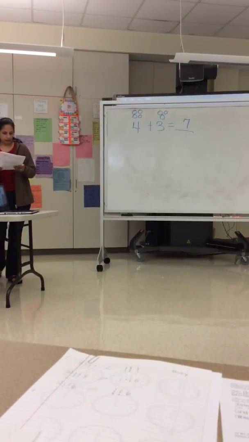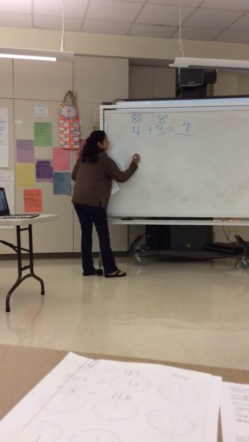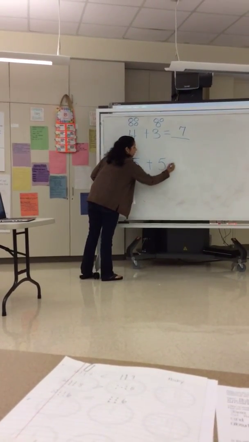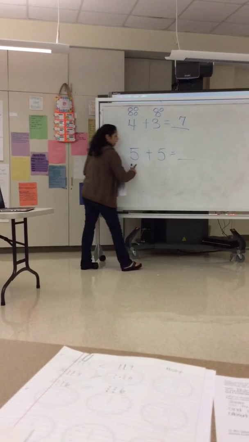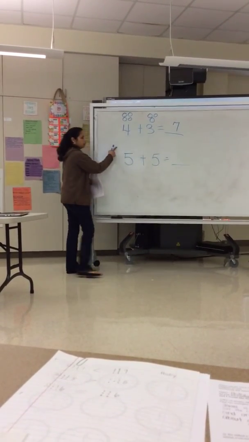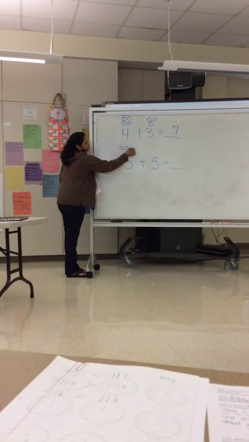Do not erase. Okay. So the next example is 5 plus 5. Everybody say it. Ready? 5 plus 5 equals what? Okay, so how many circles are we going to draw on the first number? 5. So go ahead and do that.